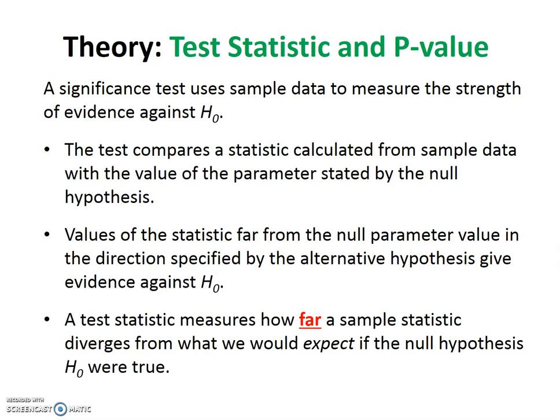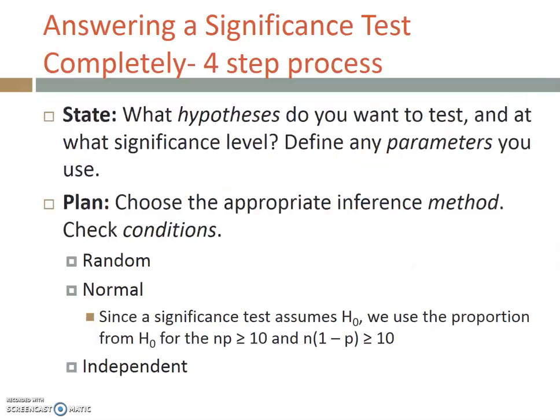Values of the statistic that are far from the null parameter value in the direction specified by the alternative hypothesis give us evidence against the null. So a test statistic, in this example a z-statistic, measures how far a sample statistic diverges from what we would expect if the null hypothesis were in fact true.